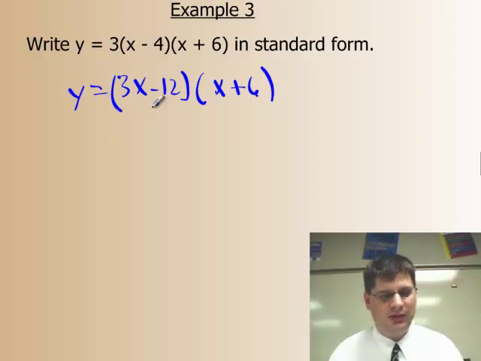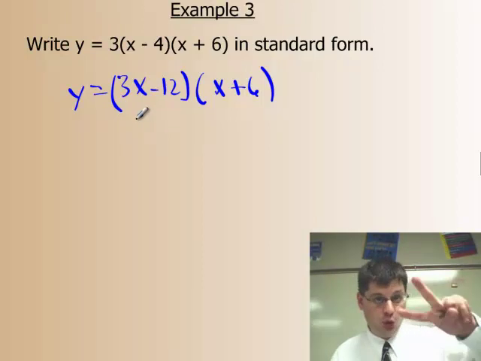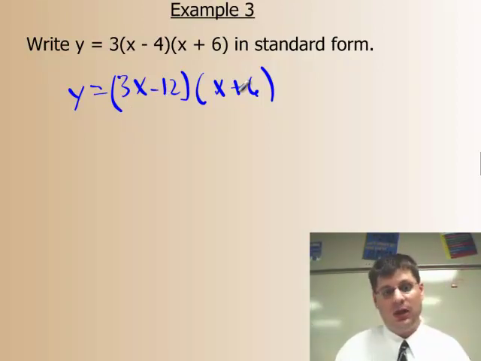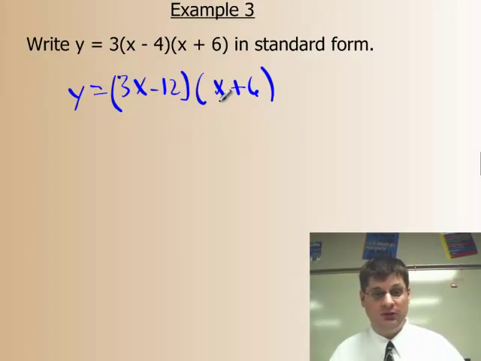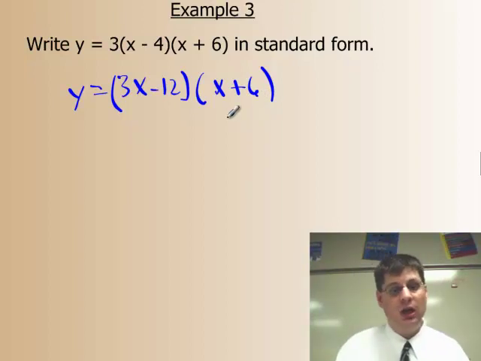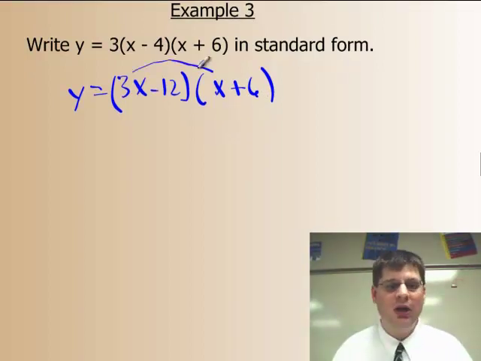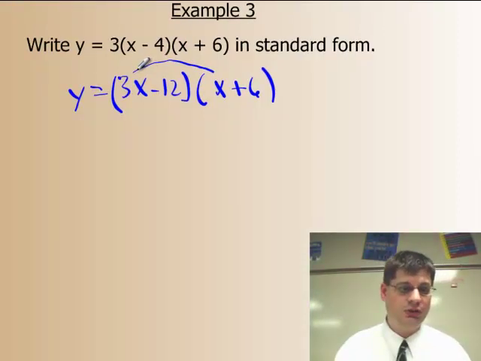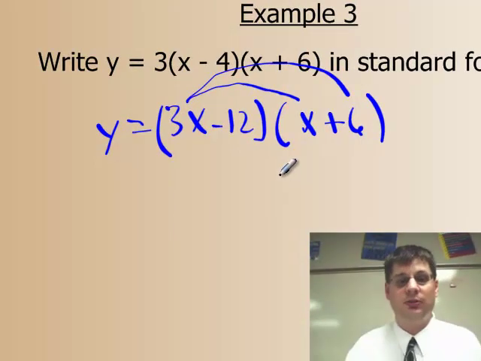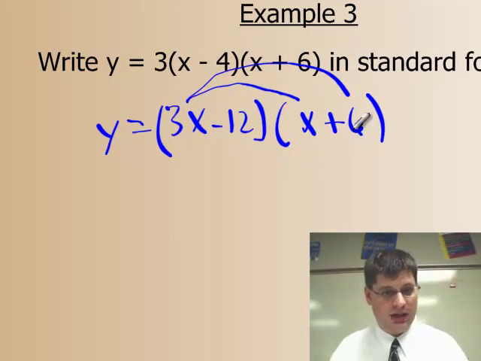Now you have a binomial here, binomial meaning two monomials, 3x and minus 12, and then x and 6 are the monomials for the binomial on the right. So how do we do that? The way I want you to view it is we take the first term and distribute it to both terms in the second binomial.